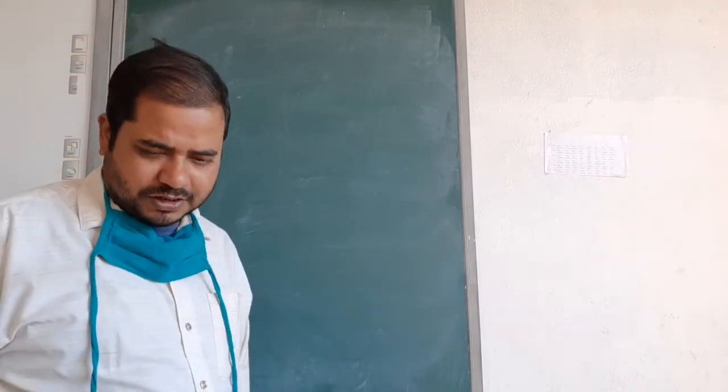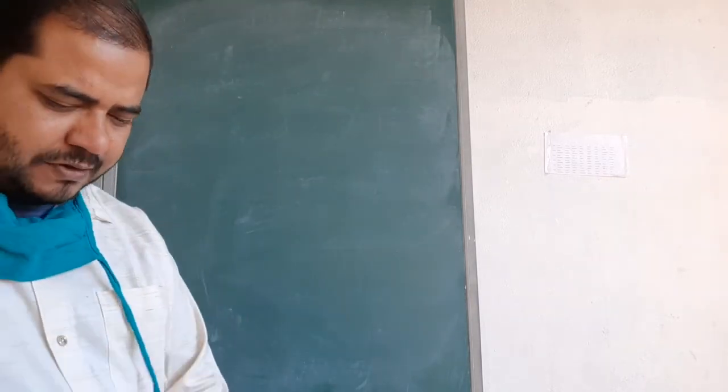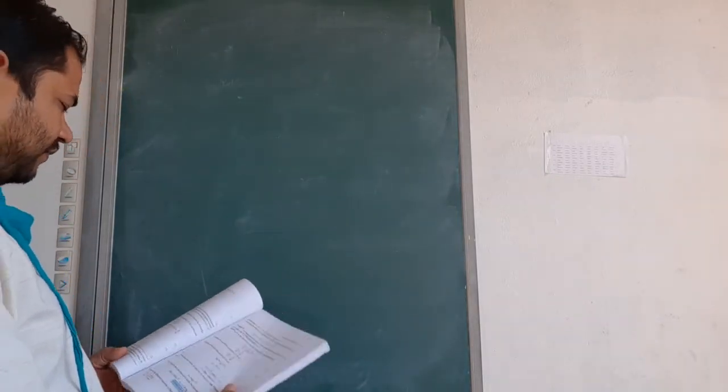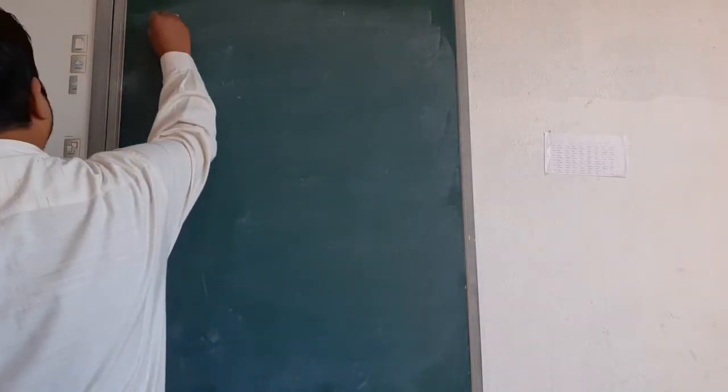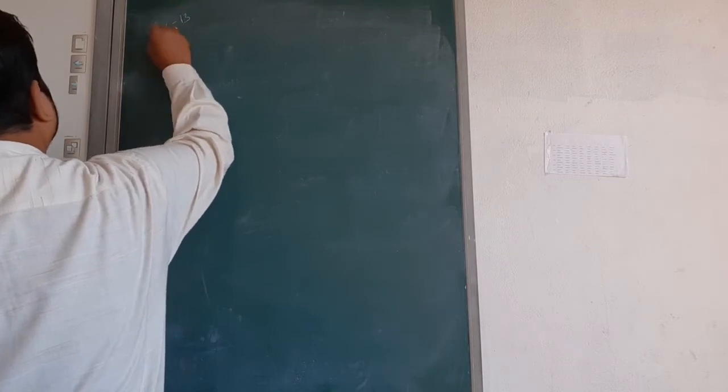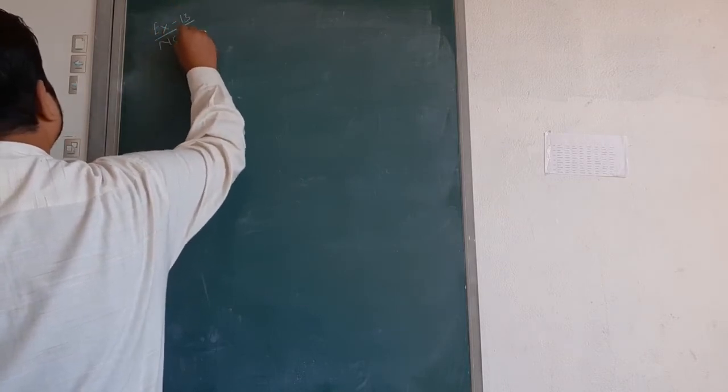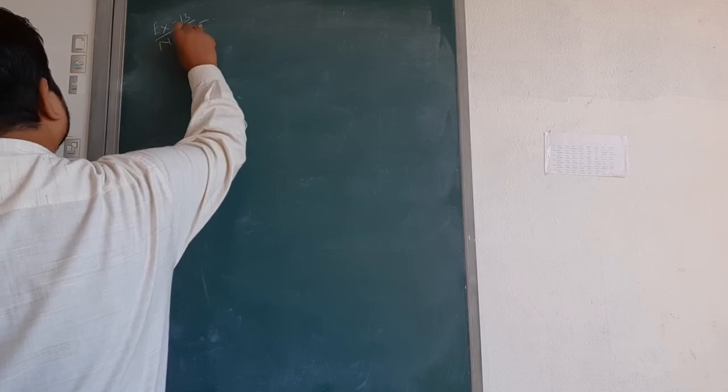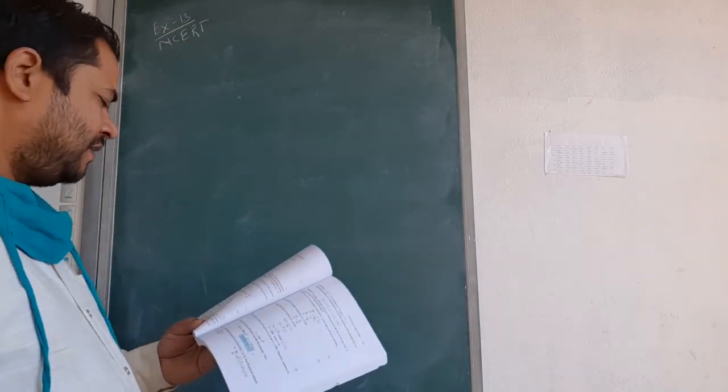Now one more question, please see. The same type of question. Find the equation of the curve. Example number 13 from NCERT. In this question also, we need to find the curve.